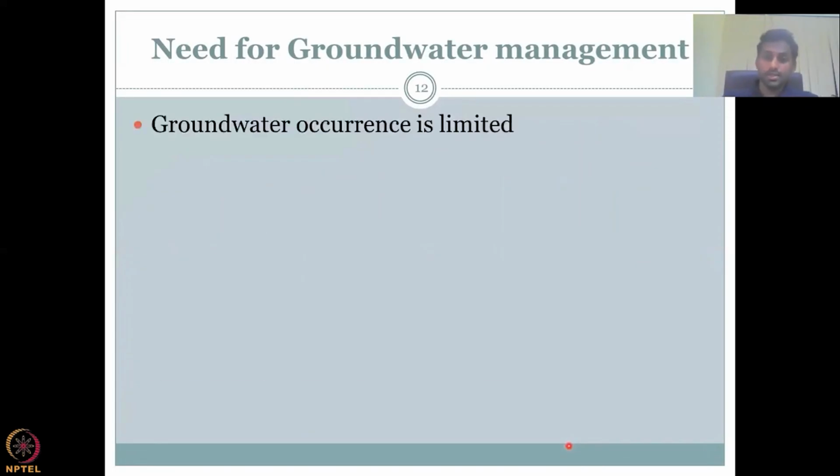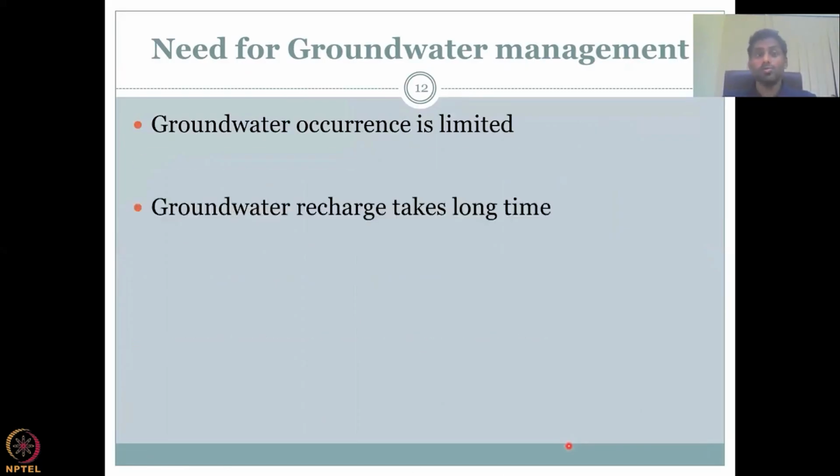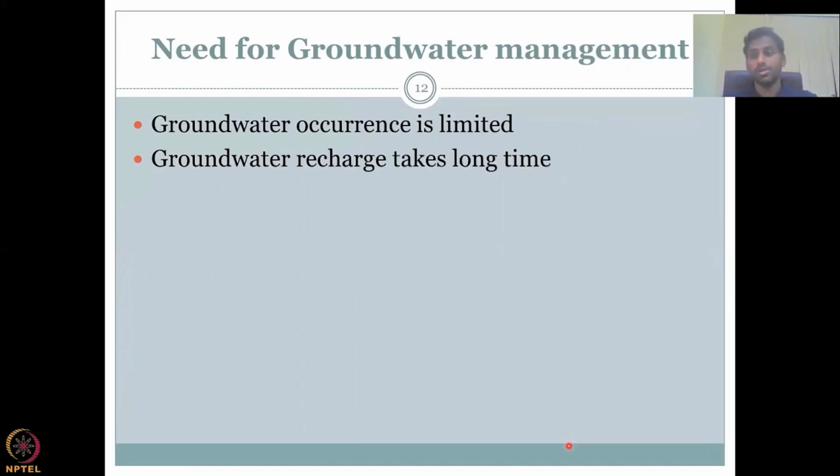Groundwater occurrence is limited, and also your food production is increasing because the population is increasing, putting tremendous stress on the farmers. So what can they do? They have to eventually go to groundwater aquifers to take the water, irrigate, and then feed you. So the growing population puts tremendous stress on increasing the food production in the country. So don't waste food.